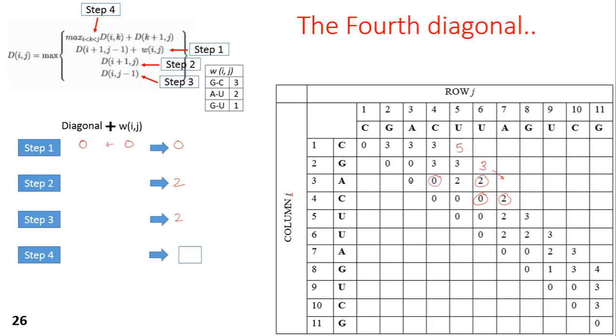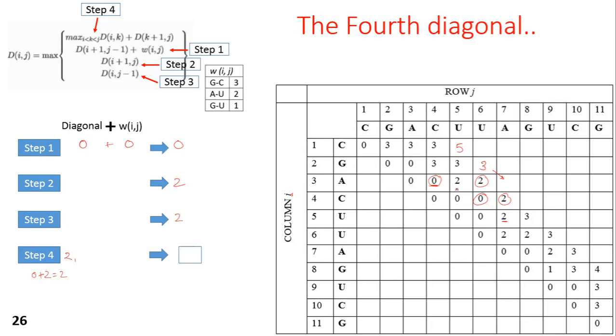We are not supposed to include the number from the main diagonal. Therefore, we would begin with 0, add this 0 with this 0 with 2. We have got 0 plus 2, that would be 2. First value for comparison in step 4 is 2.